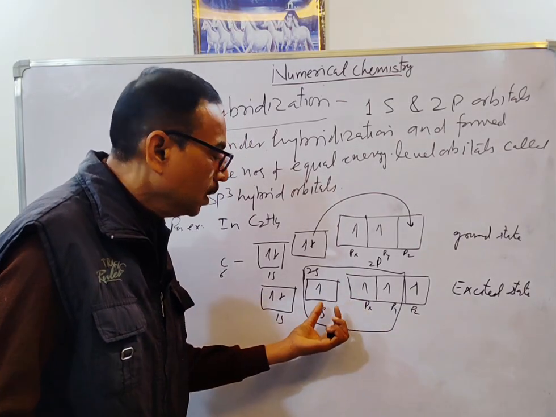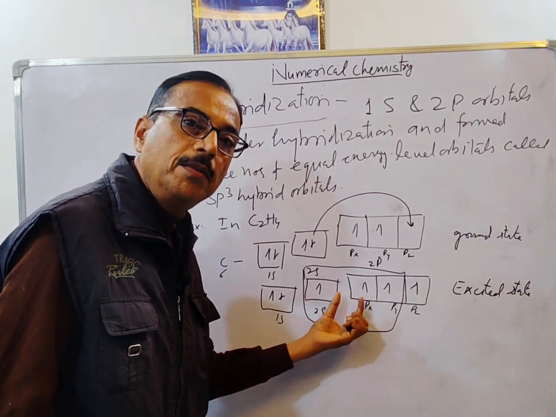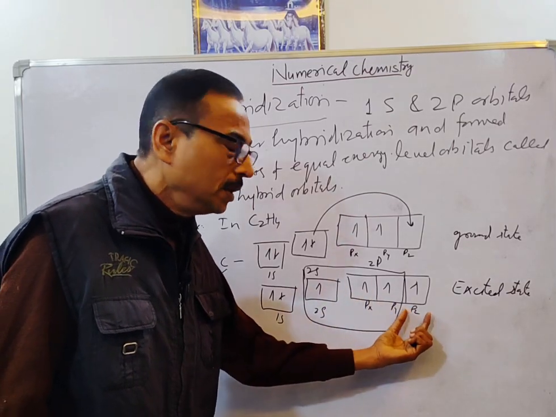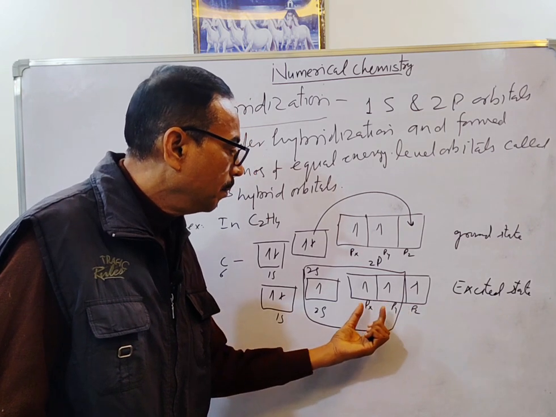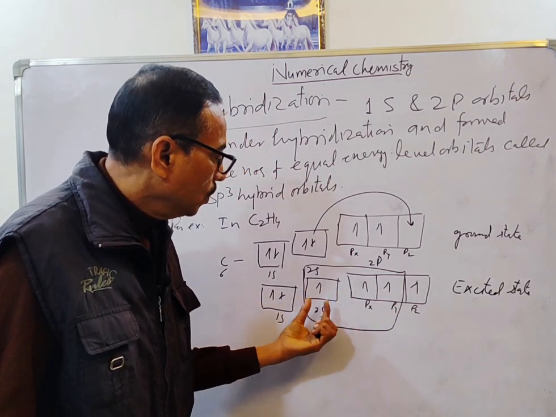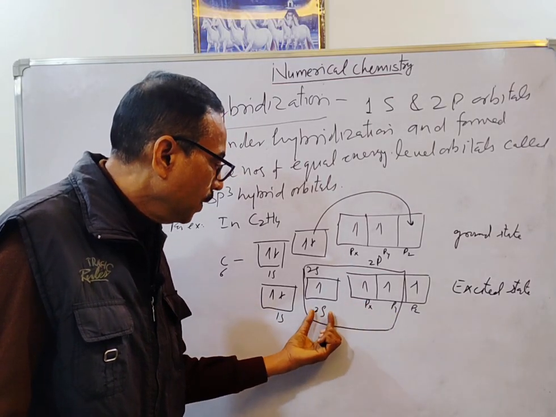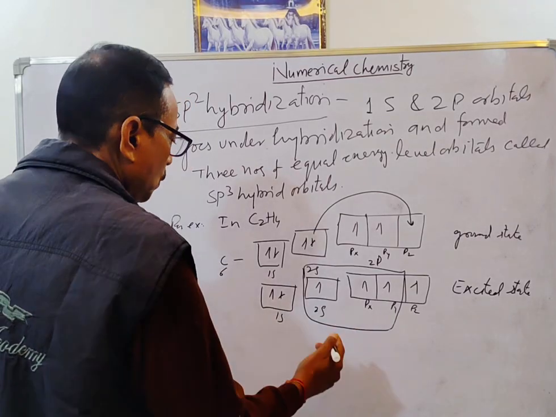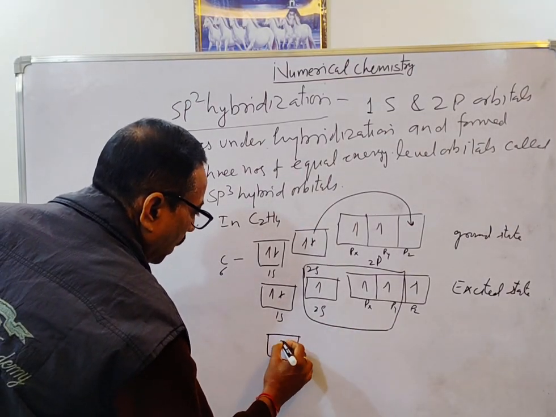Hybridization will go with the nearest orbitals, which have the least difference of energy. Pz is higher in energy than py, and py is higher than px. So px and py are very near to 2s in energy, and this will form like this.